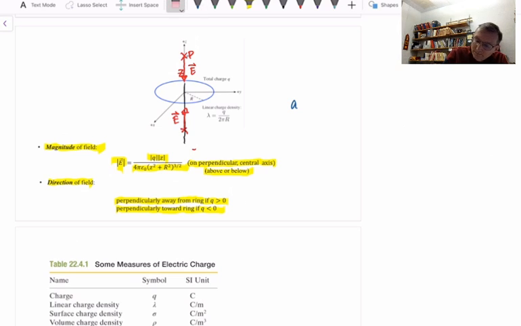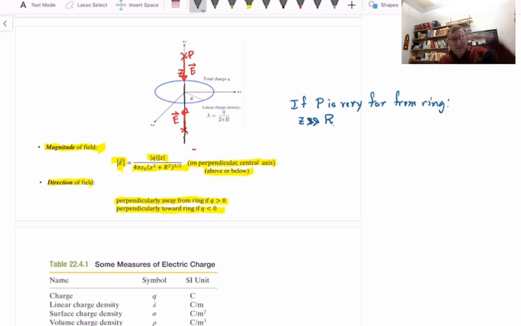If P is very far from the ring, what does that mean? It means z, let's just think of the point P being above, is much, much bigger than the only other distance that's important, which is the radius big R of the ring.